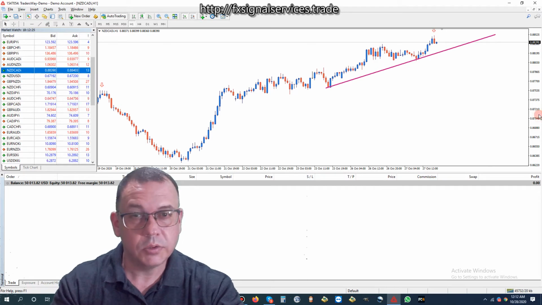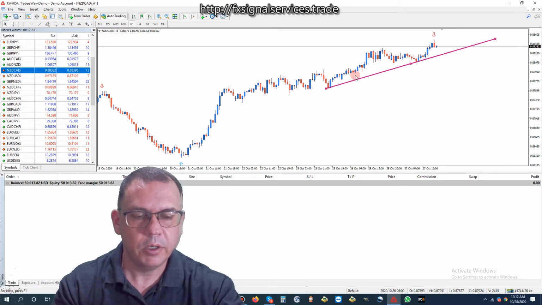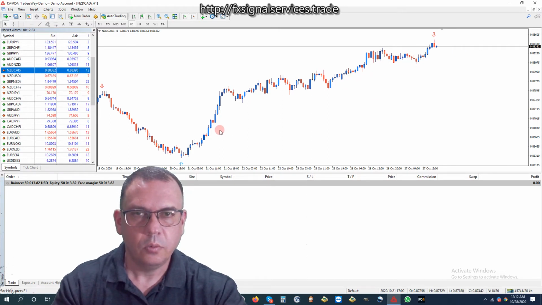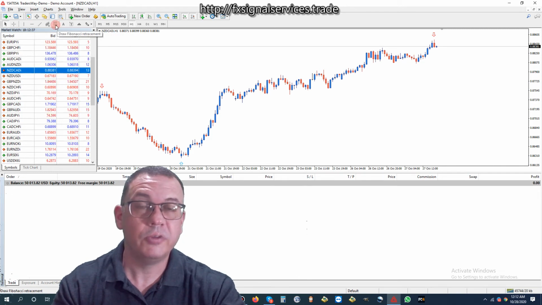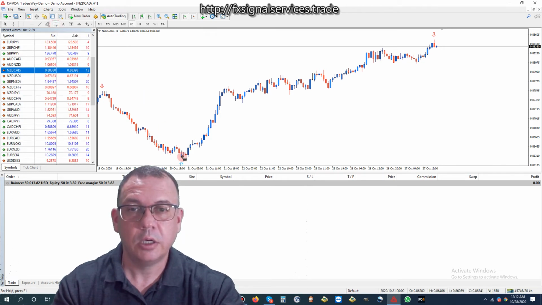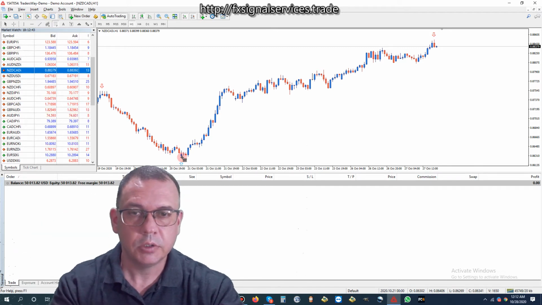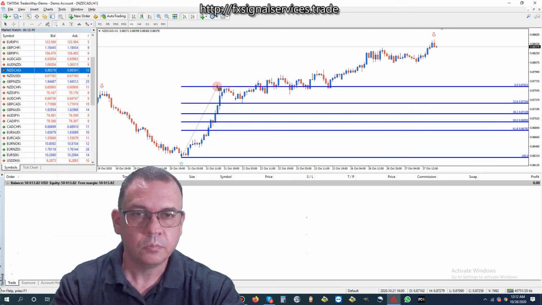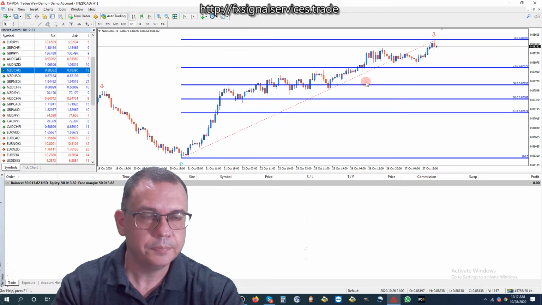You can also, if you want, draw a Fibonacci. If you go here on the 1-hour chart, go to the toolbar and click on the F for draw Fibonacci right here, and go from the previous color arrow and draw up to the current. So we're going to click right here on the blue arrow and draw up to the top of this red arrow, on the top of that candle.